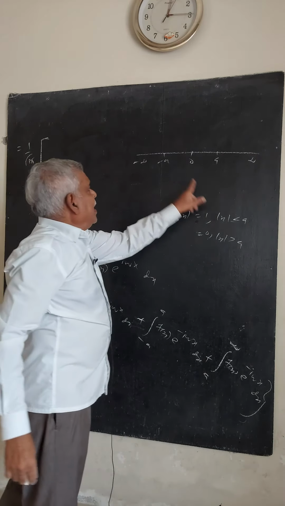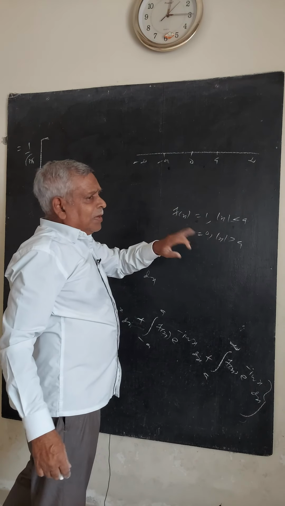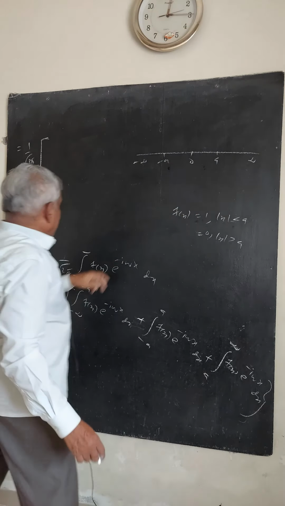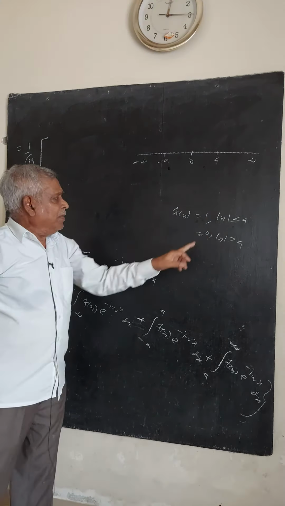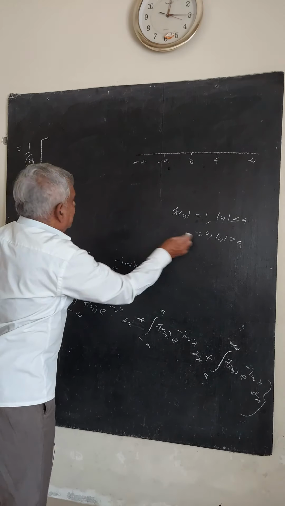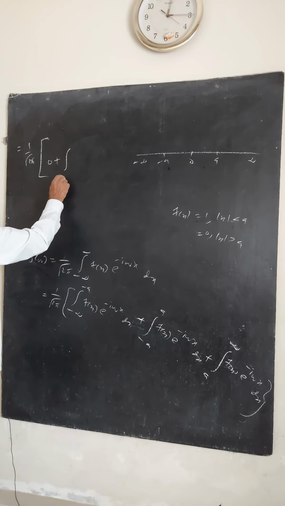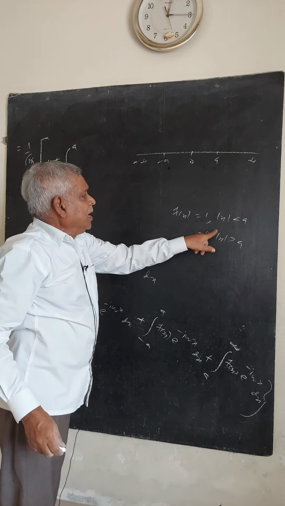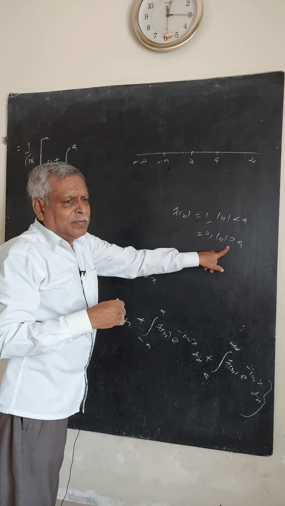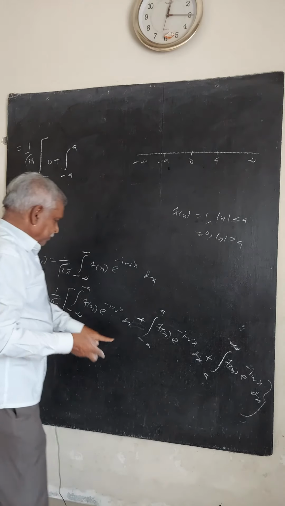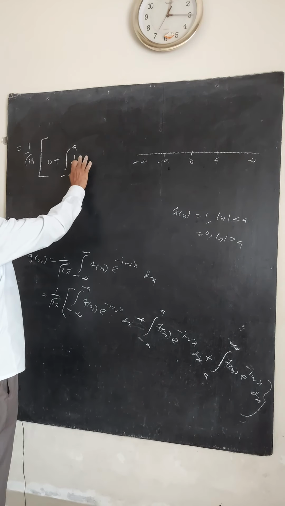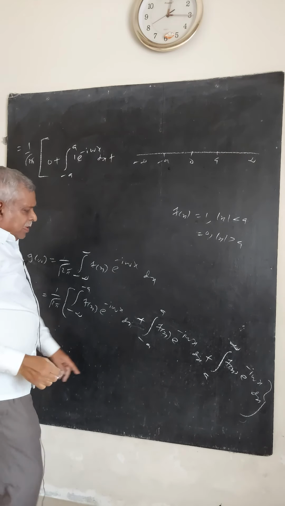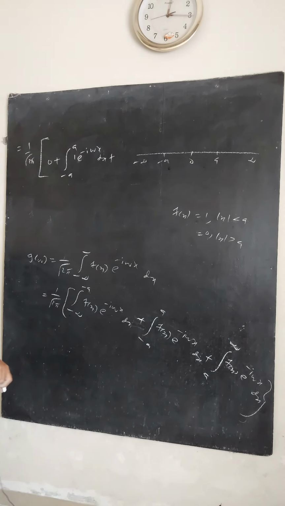This denotes minus a to a, the other denotes the remaining areas. From minus infinity to minus a, f of x is 0, therefore 0, plus minus a to a, f of x is 1, therefore 1 times e power minus i omega x dx, plus 0 for a to infinity.